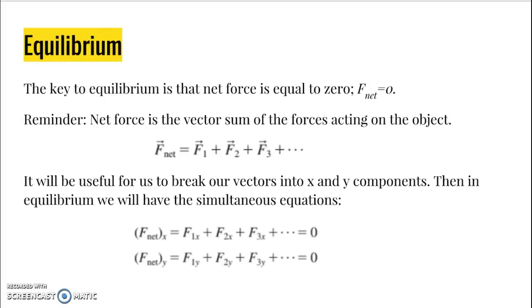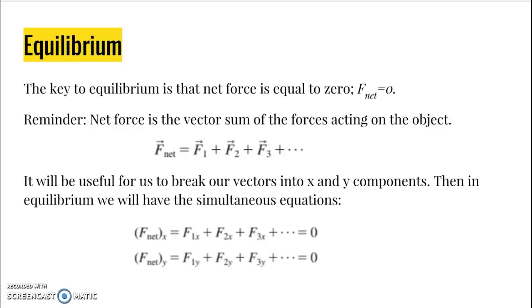When it comes to solving problems that deal with equilibrium, the key is that our net force is going to be equal to zero. Remember, net force is the vector sum of the forces acting on the object. These forces could be normal force, gravity, friction, thrust, drag, any of these depending on our situation, and we just have to add them all together vectorially.